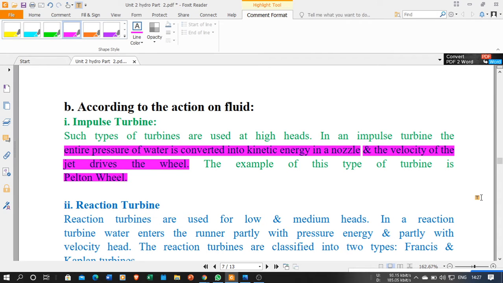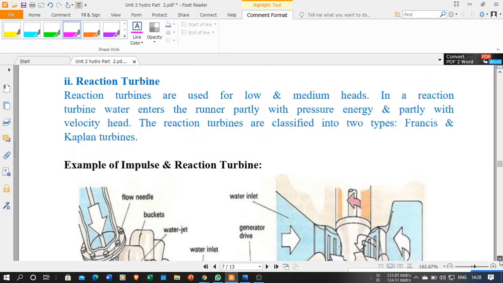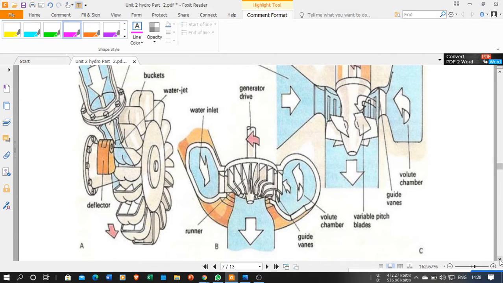So I will show you the impulse turbine. Now this is the example, figure A. This is the example of your impulse turbine. In an impulse turbine there is a nozzle, and we use the nozzle because it increases your speed. So all the water passing through this is converted into pressurized water, or its kinetic energy will be more, and this will fall on the buckets.